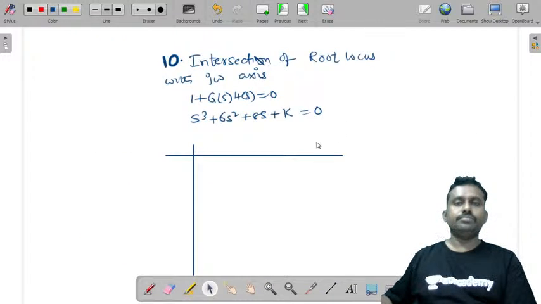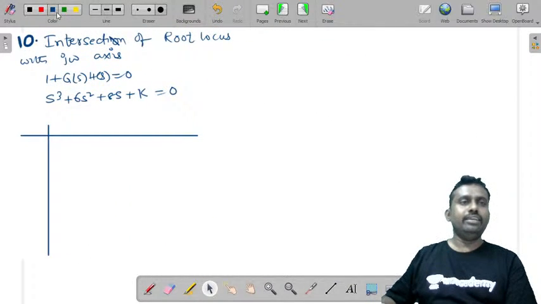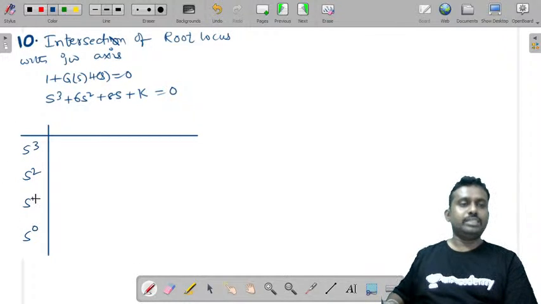Now first we need to write s cube, s square, s power 1 and s power 0. Write the odd coefficients first, 1 and 8, then 6 and K. Then you get BC minus AD over A, that is 8 times 6 is 48 minus K, divided by 6.